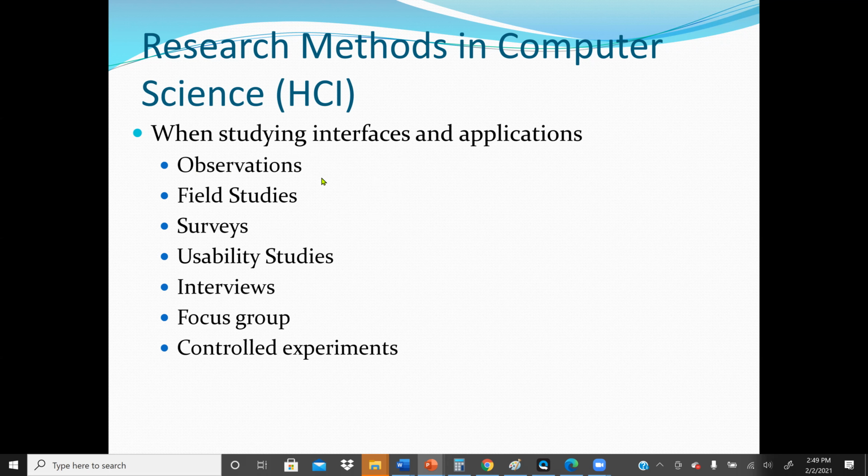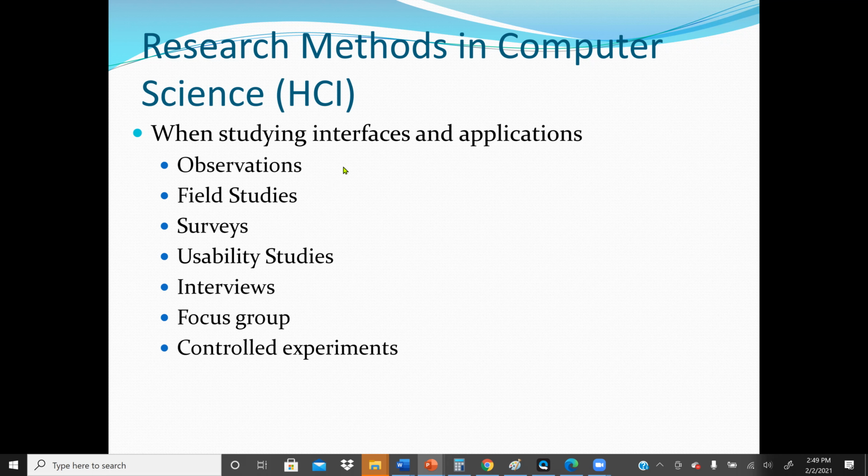The goal of observation studies is to monitor how users interact with the computer based on their age group or the characteristics of the participants: women, men, education low, high, etc. That is an example of observation. We observe what the users are doing.